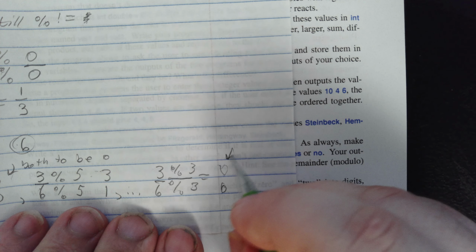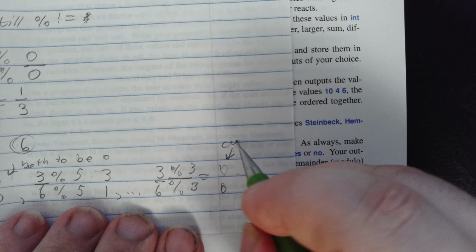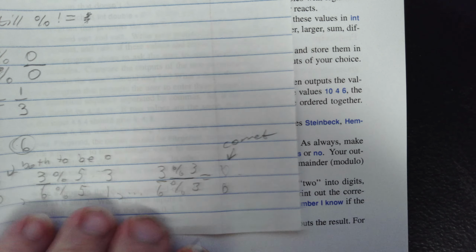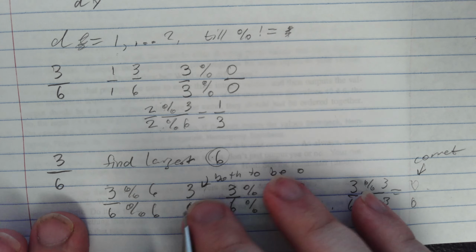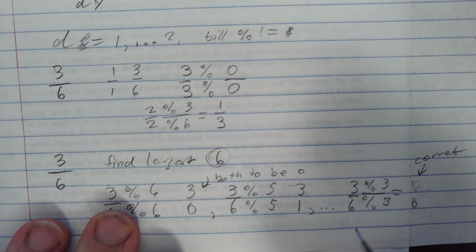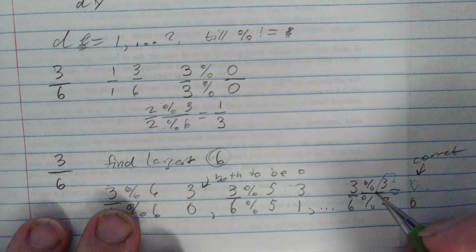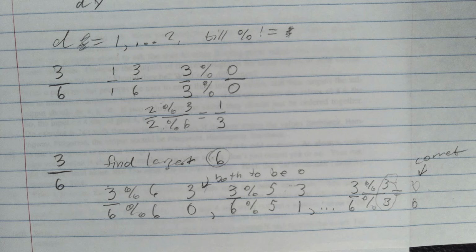And this will be correct. Okay, so I think we found an algorithm to find the greatest common denominator, which will be 3 in this case.